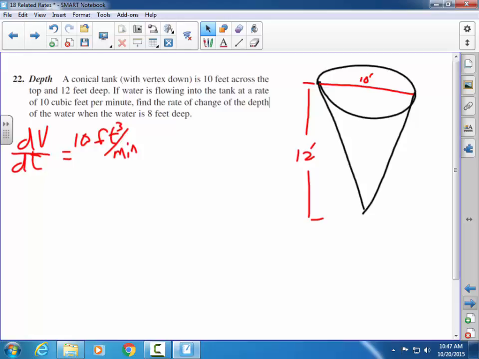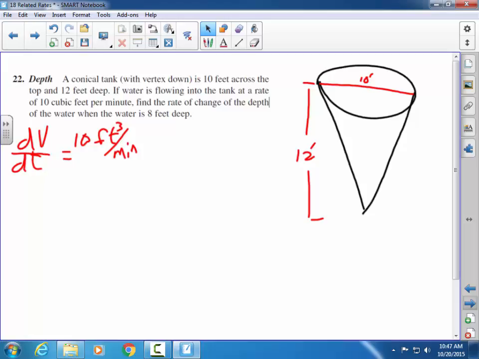What's going to start happening the further up the tank the water goes? Why is it going to slow down? But you're right. It's going to look like it's slowing down, but is the same amount of water coming in? So it's just spreading out over a smaller area. So the rate that it's rising at is going to slow down the further up the tank we go.